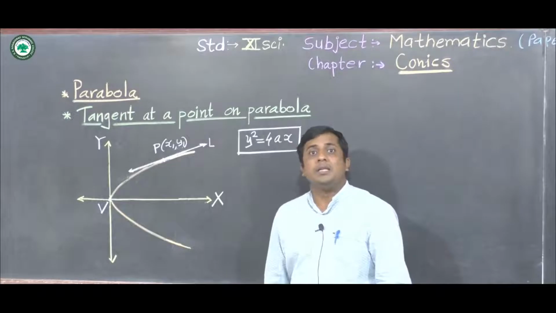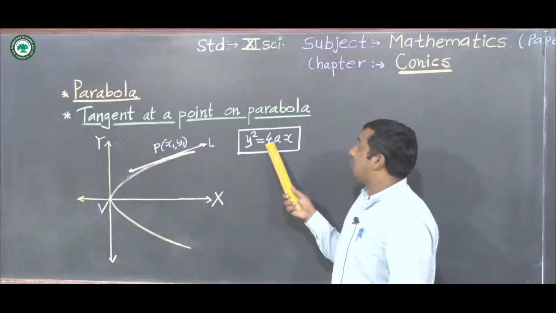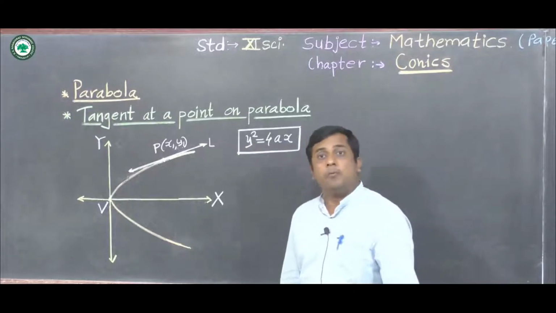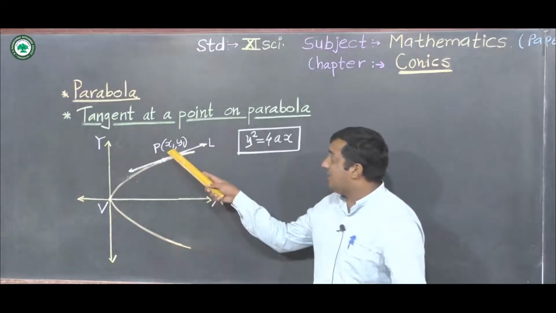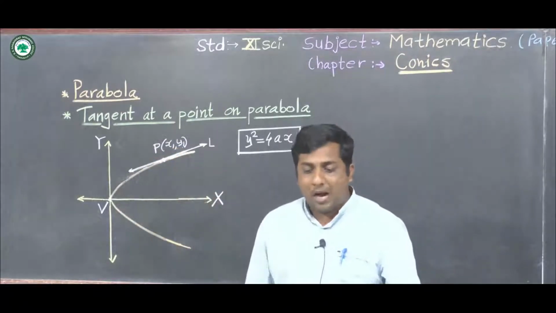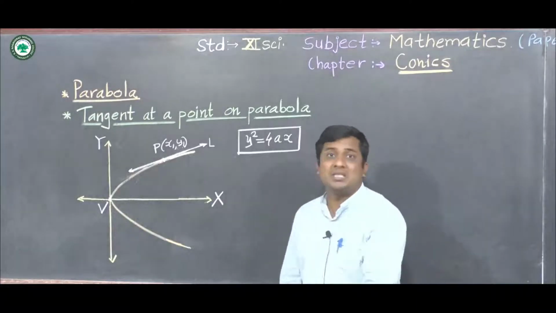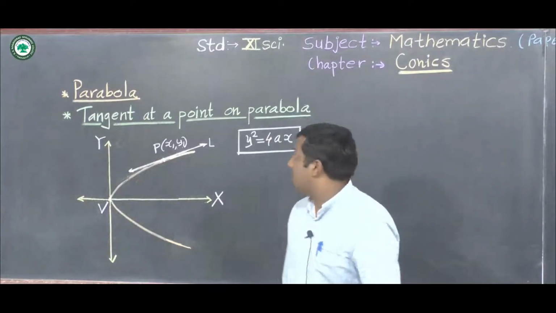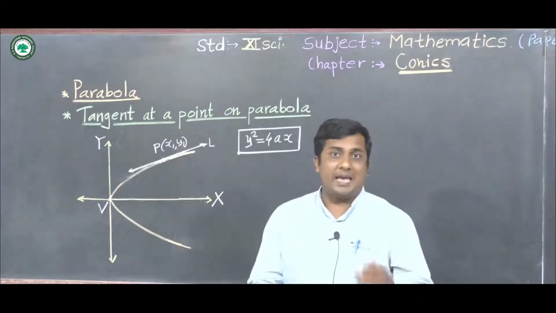To define the equation, we consider the equation of the parabola, y square is equal to 4ax. Since the line passes through the point P having coordinates x1, y1, the equation of tangent is always in the form y y1 equal to 2a into (x plus x1).